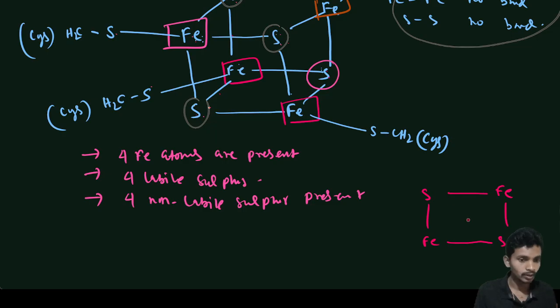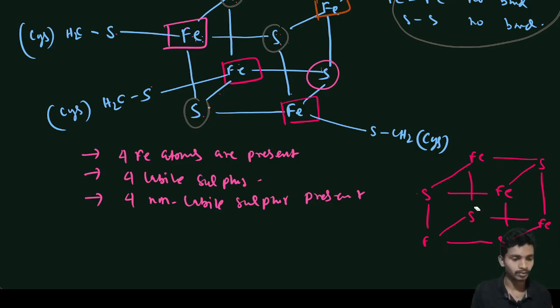So here I will do S, here I will do Fe, here I will do S, and Fe. Then I will not get this type of structure if I put S instead of Fe. Why? Because you see here S-Fe is fine, Fe-S is fine, Fe-S is fine, Fe-S is fine. Okay, so this is also fine.